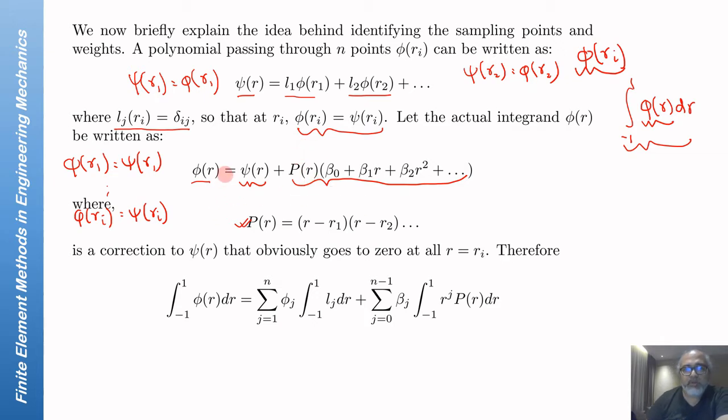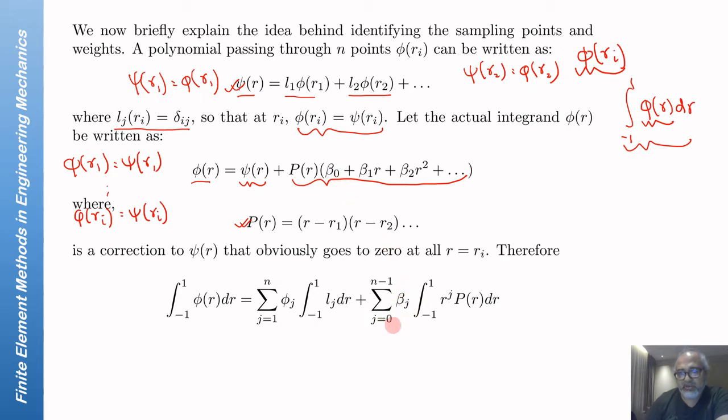Now if I want to integrate phi r, I'll integrate from -1 to 1 phi r dr, which now can be written as the sum over j equal to 1 to n of phi j times the integral from -1 to 1 of lj dr. So that's this equation. And then I add this integral due to this correction term, which includes these betas.